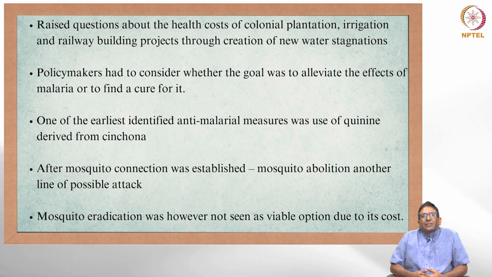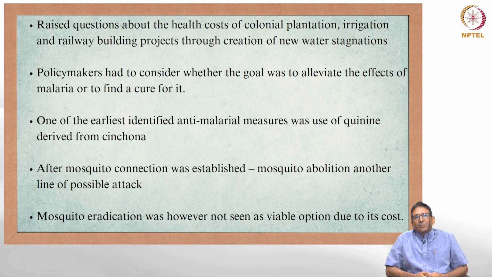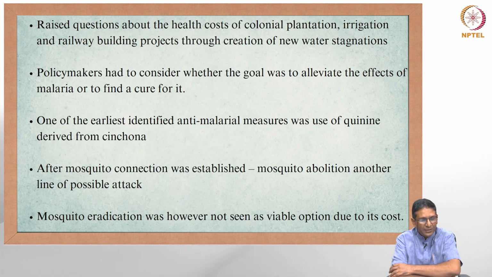But one of the earliest identified remedial measures, anti-malarial measures, was the use of quinine, a medical substance derived from cinchona. The cinchona tree's bark had this quinine, which proved to be effective.